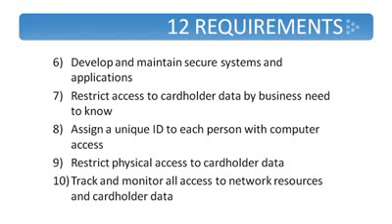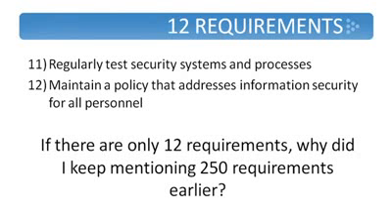Restrict access to cardholder data by business need to know. Assign a unique ID to each person with computer access. Restrict physical access to cardholder data. Track and monitor all access to network resources and cardholder data. Lastly, regularly test security systems and processes and maintain a policy that addresses information security for all personnel.